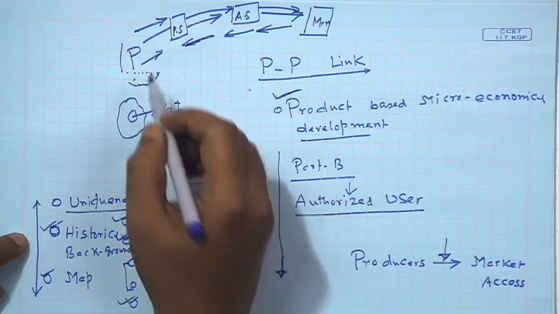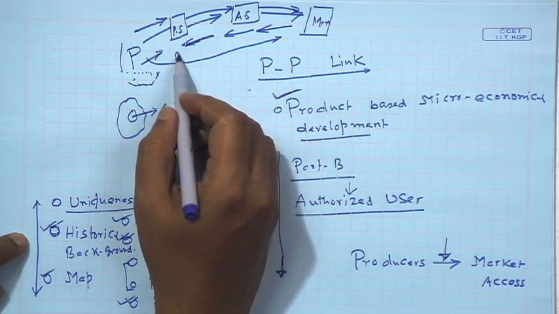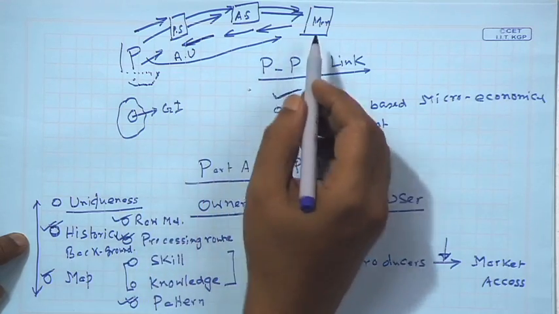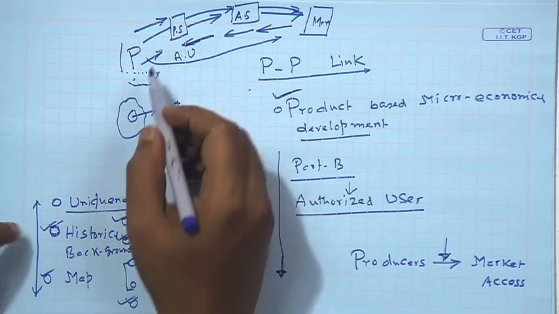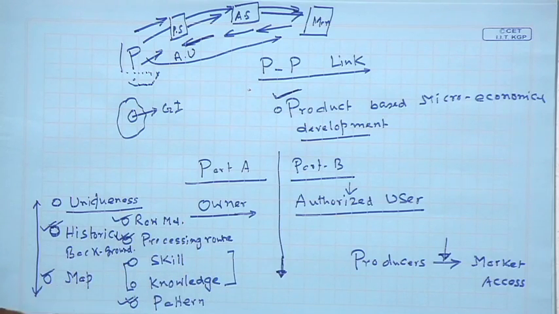Even producers may go directly to the market if they are authorized users. But if you go by this route, then supply chain integrity or supply chain management will be easier. So, this can be a potentially viable tool for using our traditional knowledge and traditional skill for economic use.